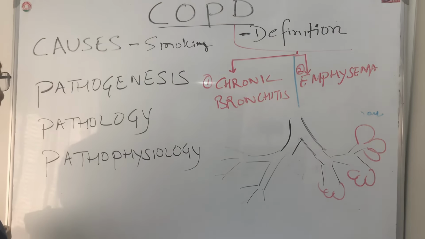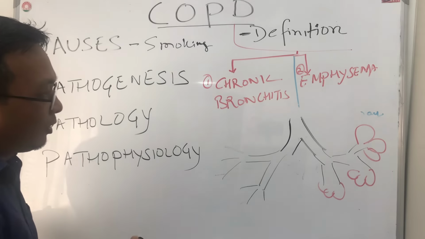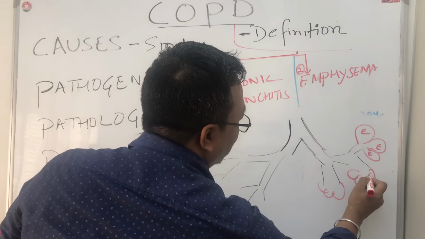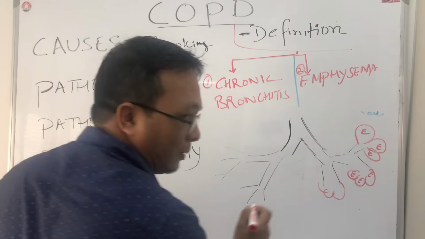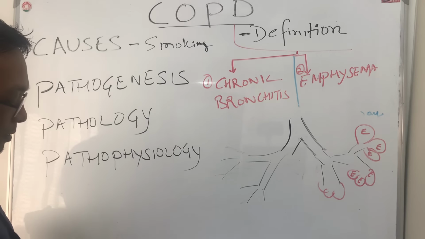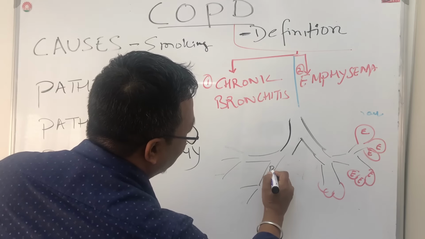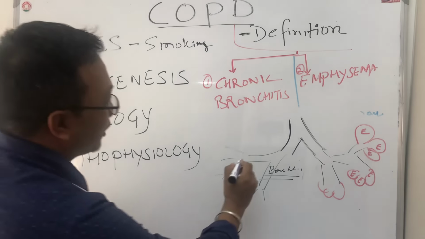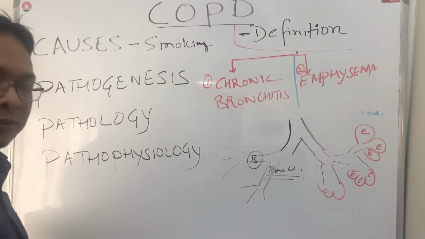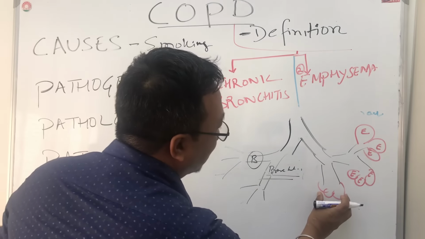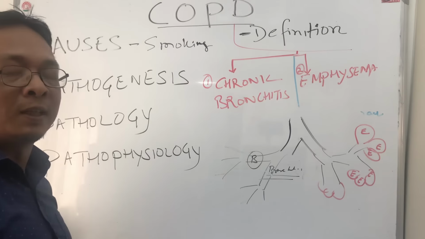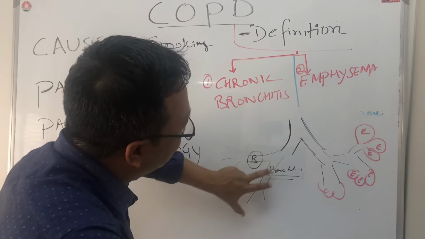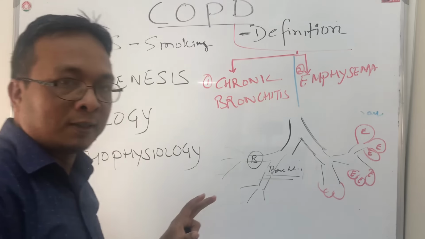So emphysema takes place here, in the terminal duct and in the alveoli. And bronchitis is here in the airways. Bronchitis takes place in the large airways, and emphysema takes place at the terminal end, the terminal duct and the alveoli.